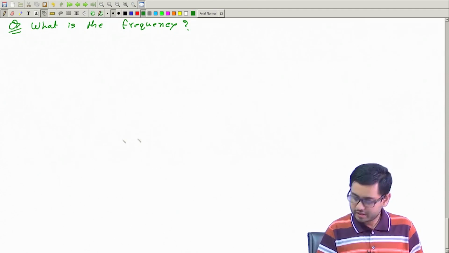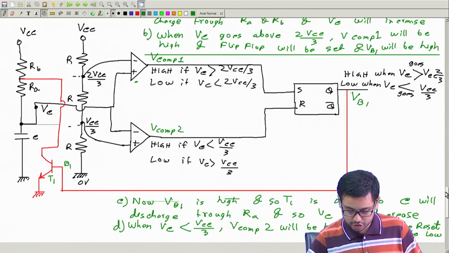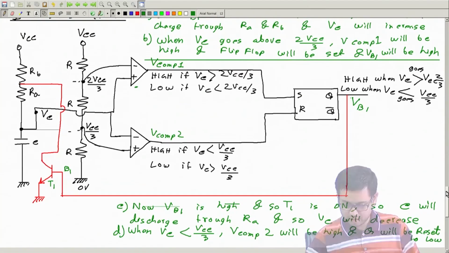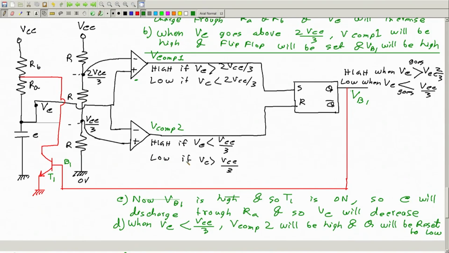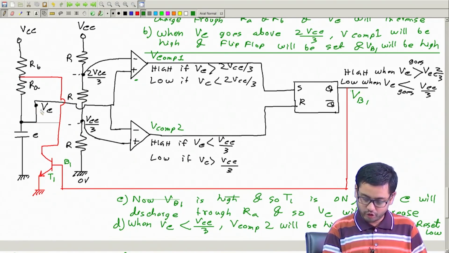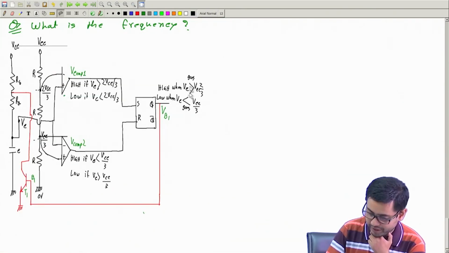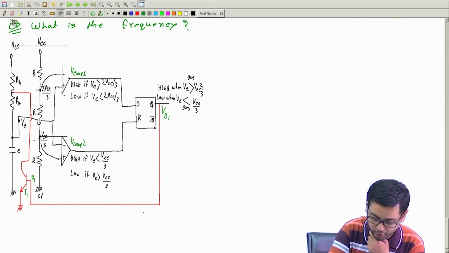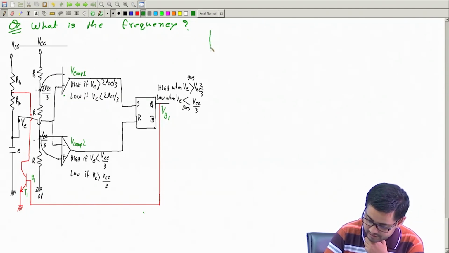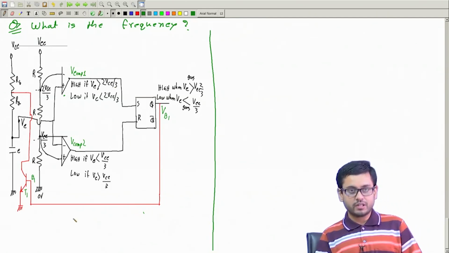And we should also be able to draw the waveforms at different points, this voltage, this output, etc. I hope you can still read this because you now know what actually is there.